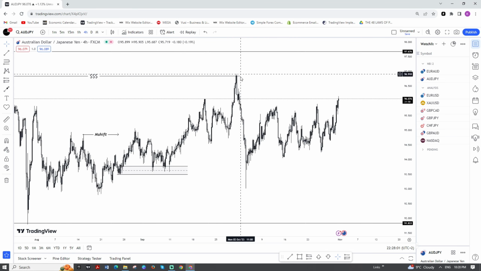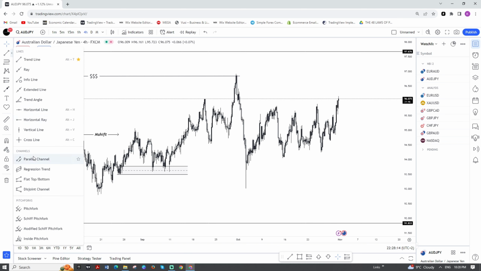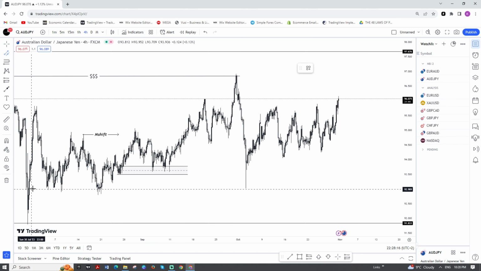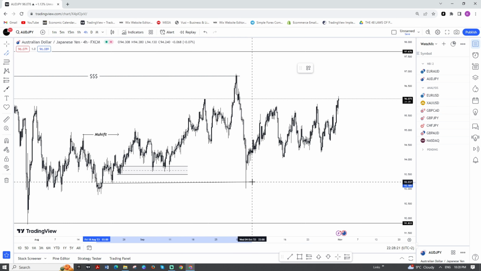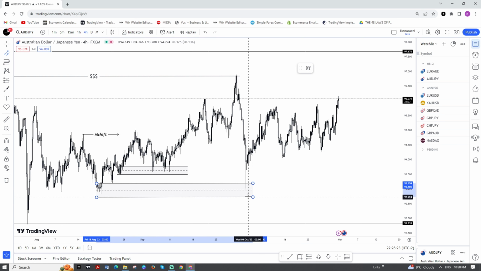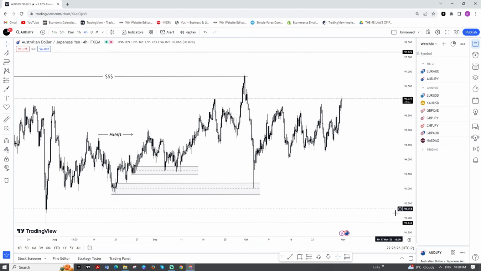So after price created that liquidity, it dropped, liquidating this order block right here, and then mitigating this order block right here, reversing on this order block right here. I hope you're following, guys, so that you don't get lost with what I'm talking about, right?